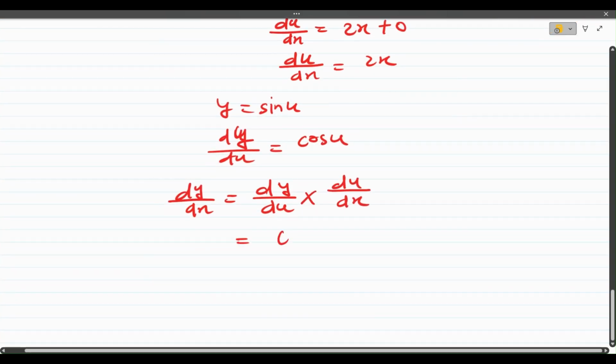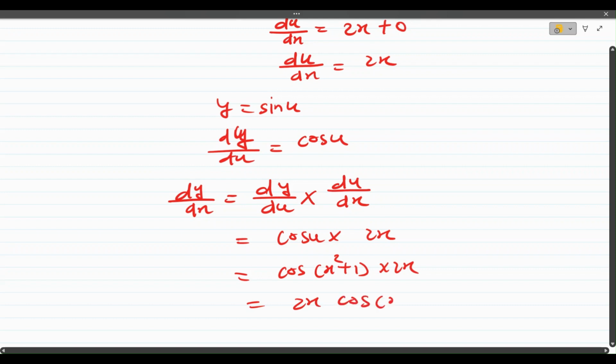So that's cos u times 2x. u is x squared plus 1. So we get the final answer: 2x cos of x squared plus 1.